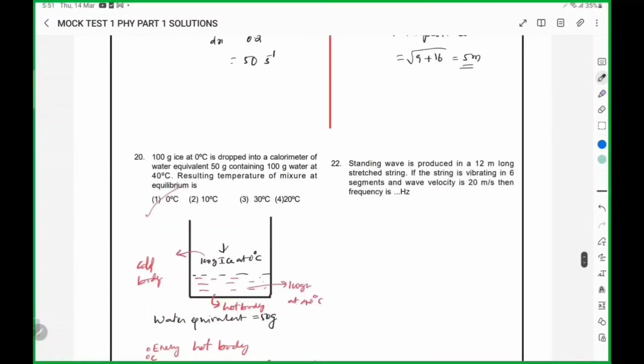A standing wave is produced in a 12-meter long stretched string.